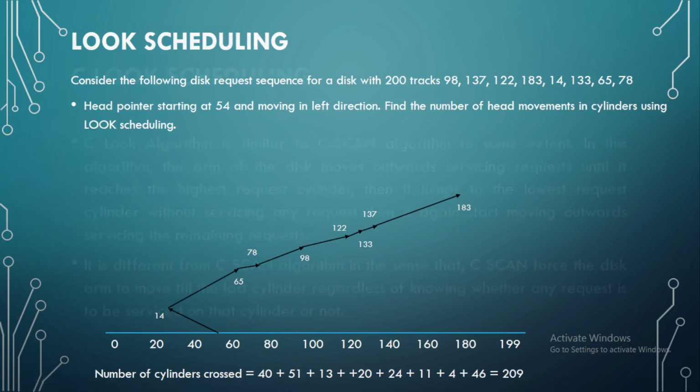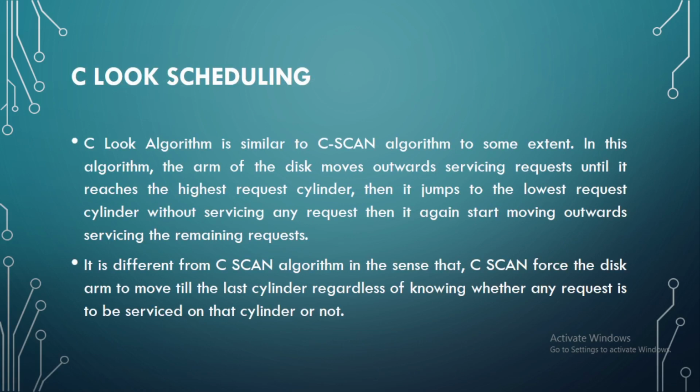The next scheduling algorithm, C-look, circular look algorithm. It is similar to the circular scan algorithm to some extent. In this algorithm, the arm of the disk moves outwards, servicing requests until it reaches the highest request cylinder. Then it jumps to the lowest request cylinder without servicing any request.